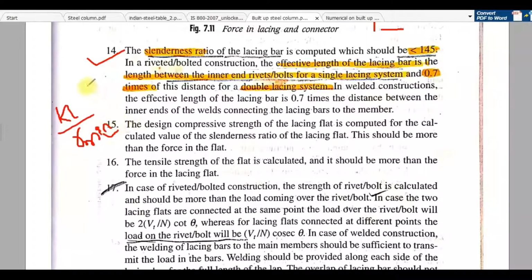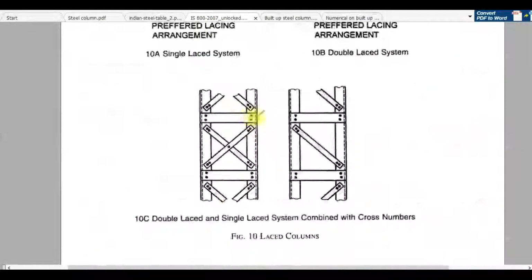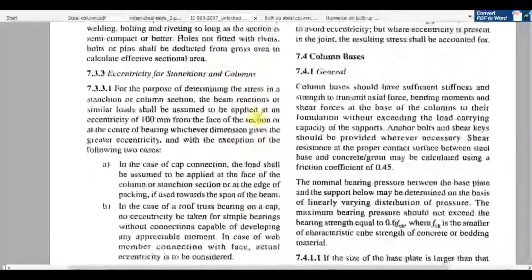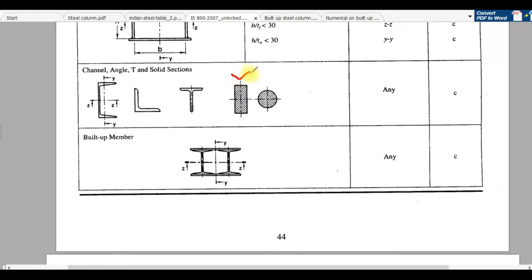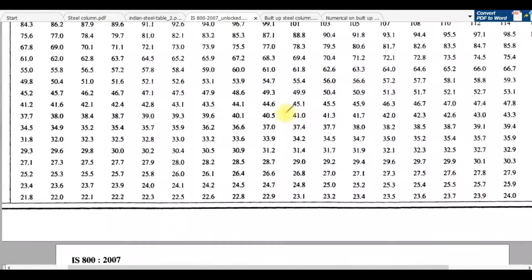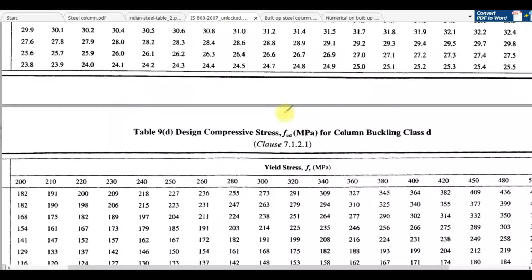So you can find this KL by r minimum, and you can go to the IS 800. Here you can see, because this is a flat plate, the buckling class will be C, and then you should go to table 9C.